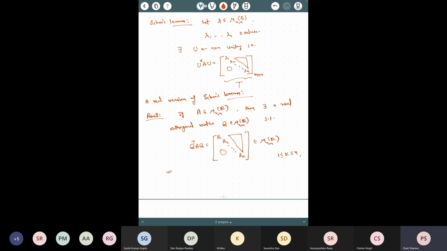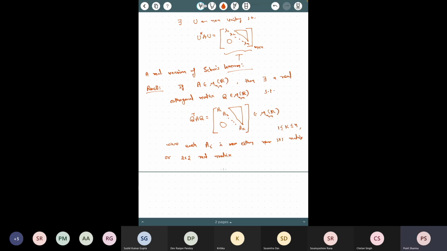So where each Ai is real, and is either a 1 cross 1 real matrix or a 2 cross 2 real matrix with a non-real pair of complex conjugate eigenvalues.